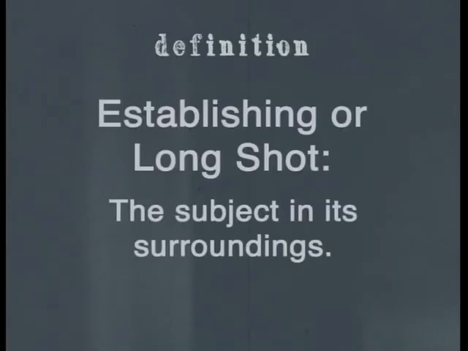Now that we understand a bit about how a camera works, let's begin by learning some terminology to describe the different shots. We'll begin with the long or establishing shot. An establishing or long shot shows the subject in its surroundings. Shots like these are called establishing shots because they help to establish the scene in a viewer's mind.